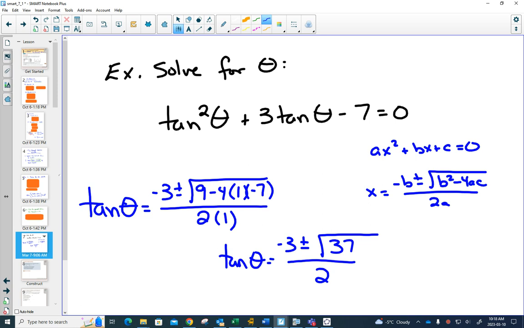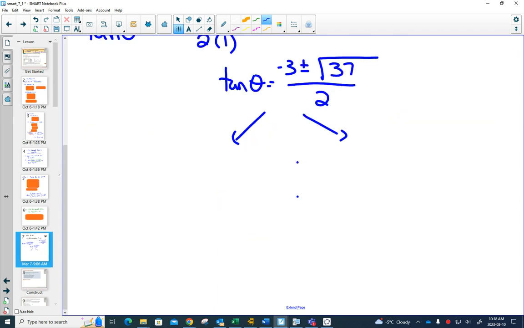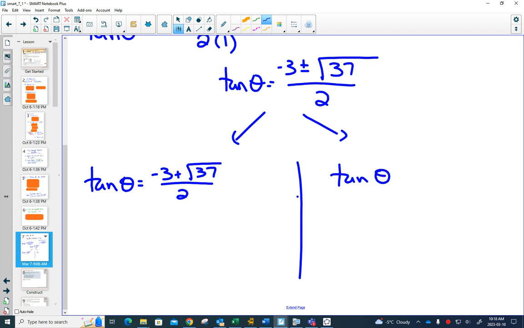I hope you can see that this is not on our pie plate. So we need to solve for the reference angle for both, and I'm going to split it up into 2 sections here. We are going to have one section where tan of theta is negative 3 plus the square root of 37 over 2, and one section where tan of theta is negative 3 minus the square root of 37 over 2.